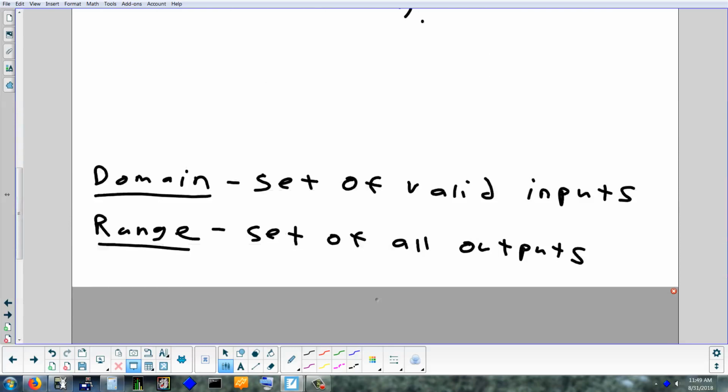Range are the type of answers you get when you plug in the domain. So for our mileage problem, we've already said domain should not include negative miles. The range in our driving problem was the cost. Well, what kind of number will the cost always be to rent the car? Yep, okay. Positive, right? You never have negative cost in our problem.